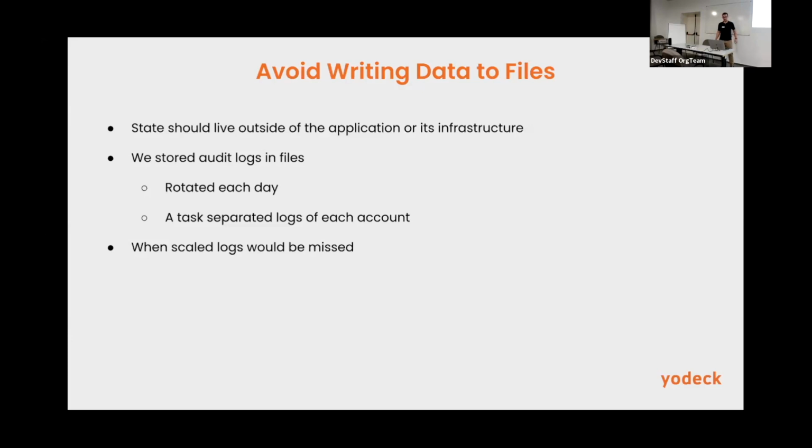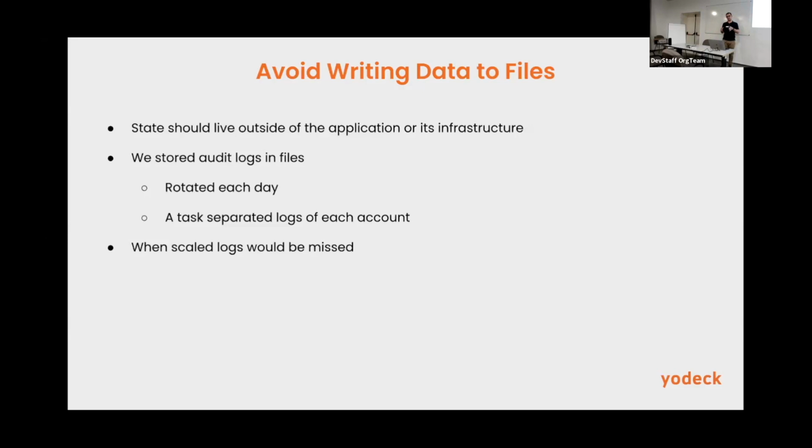In our case, we stored, for example, audit logs in files, and we had a task that ran every night, and parsed these logs and separated them for each account, and then uploaded those files to S3. So what would happen if we scaled our application?